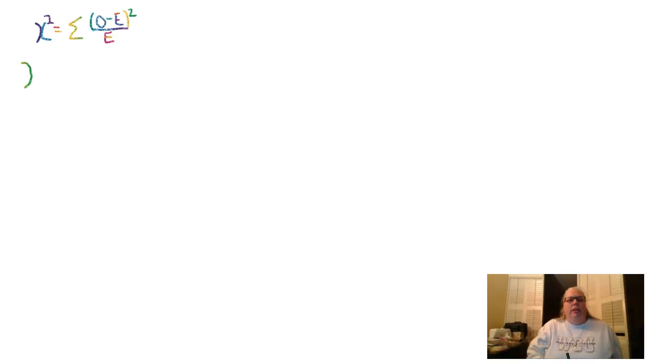So let's take a look at this. In cell A1 was 8, and the expected frequency for A1 was 13.1. And we're going to have to divide that by 13.1.